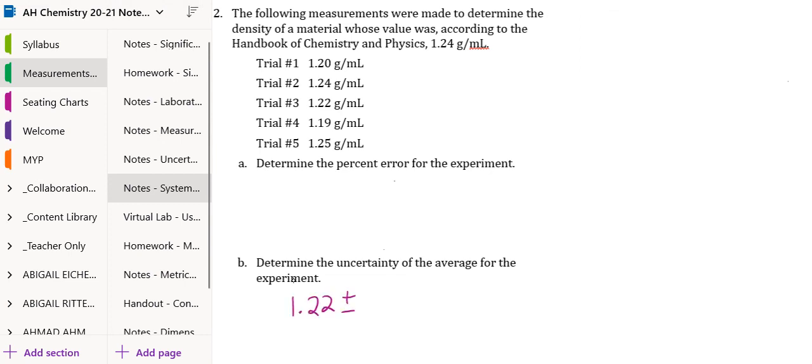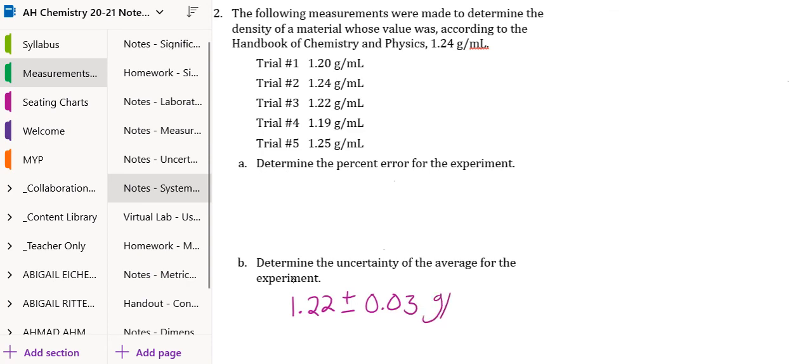Now let's find the uncertainty. So what is the biggest value? 1.25. And the smallest? Good. And then divide that by 2. And what do we get for the uncertainty? Good. 0.03.